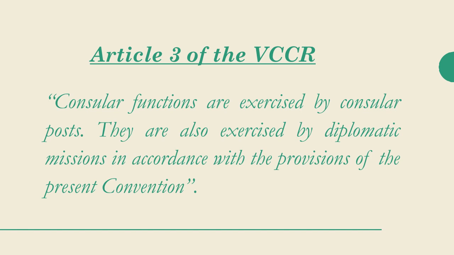The rule in question was confirmed by Article 3, paragraph 2 of the Vienna Convention on Diplomatic Relations, 1961, which provides that nothing in the present convention shall be construed as preventing the performance of consular functions by a diplomatic mission. It follows that in modern times, consular functions may be exercised by consulates or by diplomatic missions.